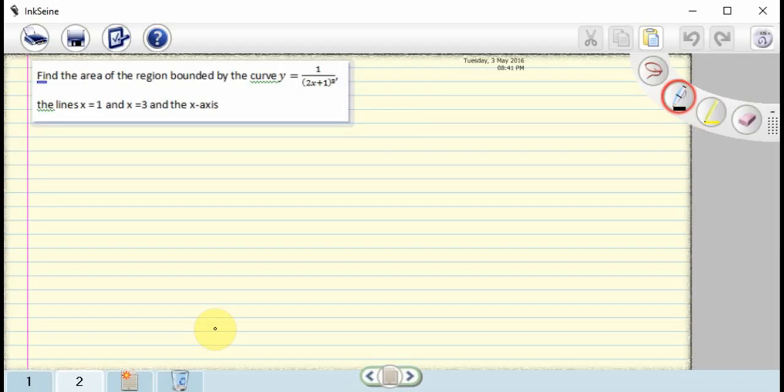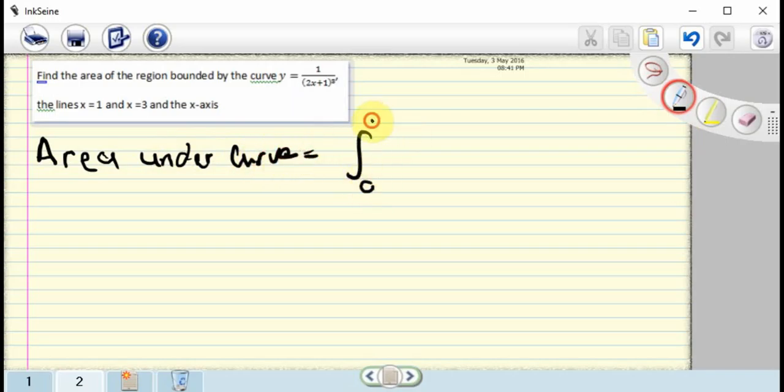You need to know that the area under the curve is equal to the integral from a to b of y dx, where a and b are the limits and y is the function.